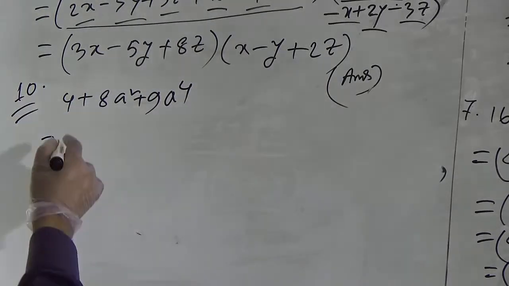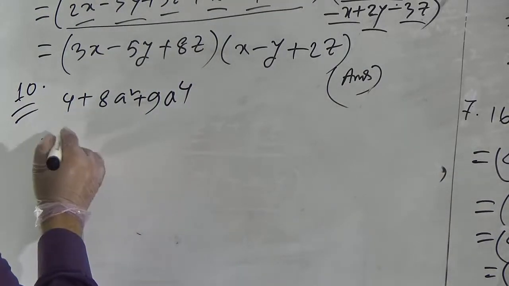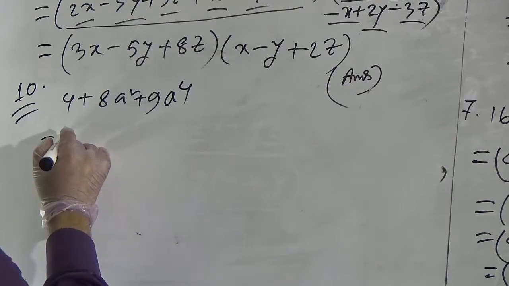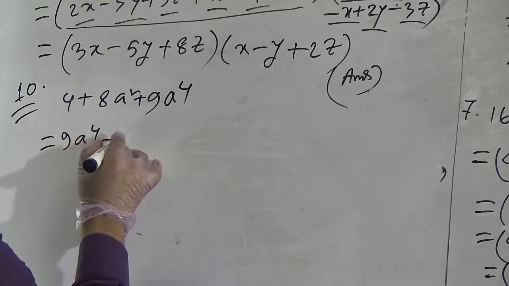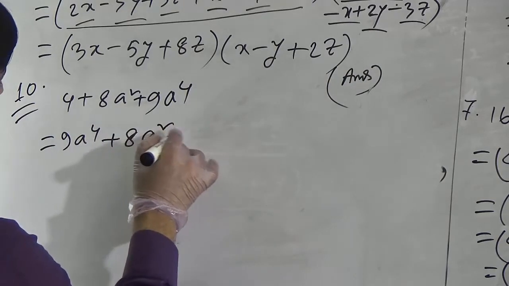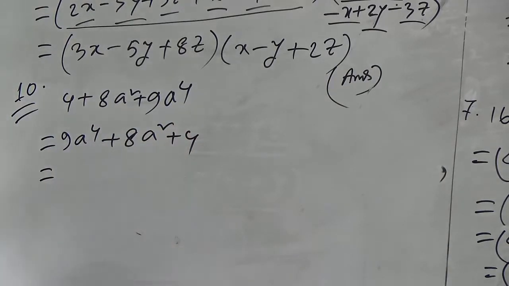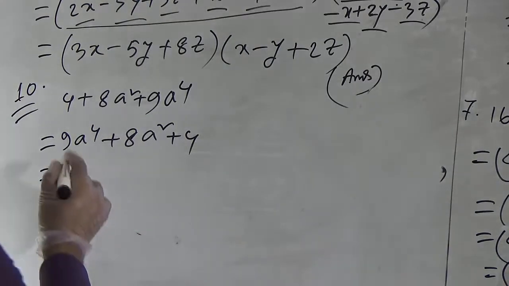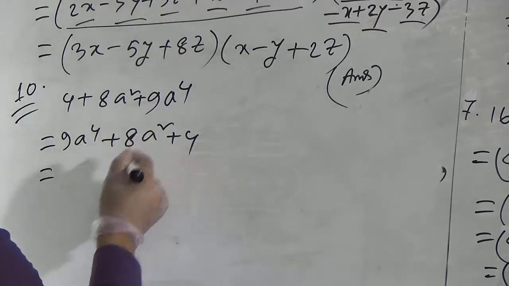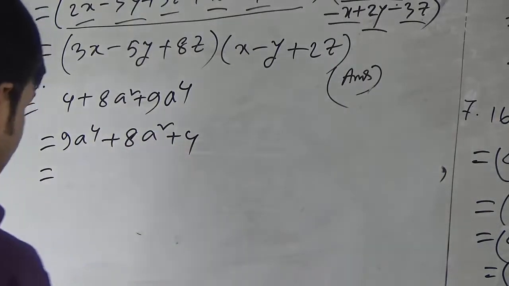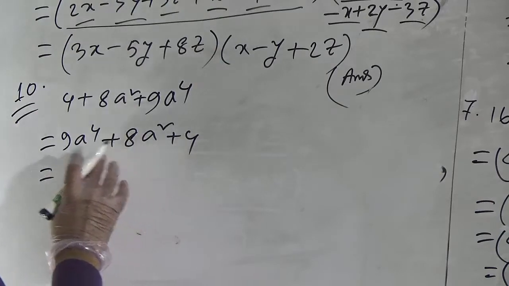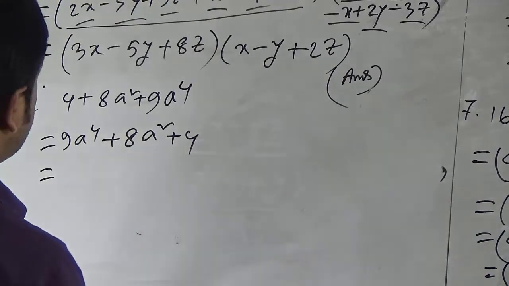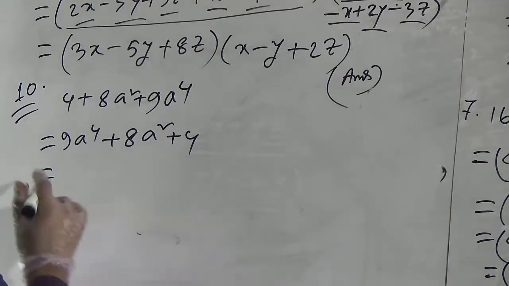At first I can arrange this as 9a to the power 4 plus 8a square plus 4, arranging the expression according to the highest index to lowest index. Here the index of a is 4, here the index of a is 2, here there is no a, it means this is a constant term.